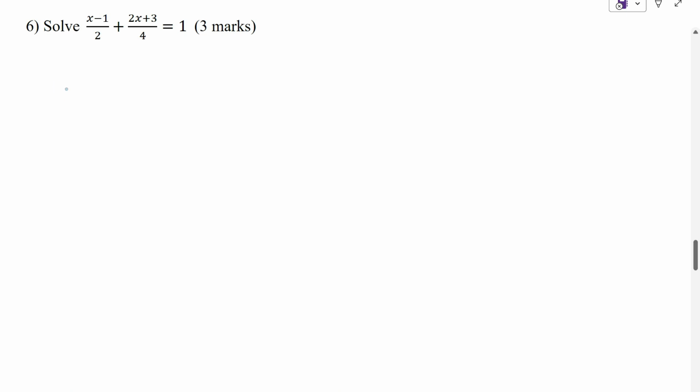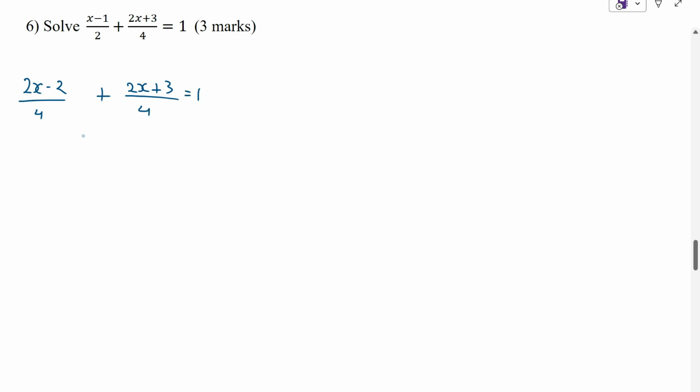Okay, question 6, we're solving again, and we're adding these two fractions here. We need a common denominator, so that will be 4. So we just need to multiply this left fraction by 2. So that will be 2x minus 2 over 4 plus 2x plus 3 over 4, which equals 1.